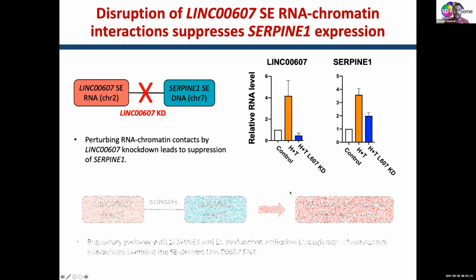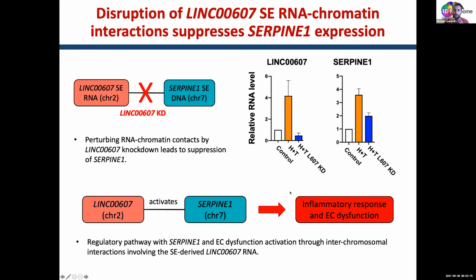So this means that our hypothesis could indeed be demonstrated: RNA transcribed from LINC00607 on chromosome 2 reaches a region on chromosome 7 close to the SERPINE1 gene. This activates these genes, and this activation results in several inflammatory responses and ultimately endothelial dysfunction.